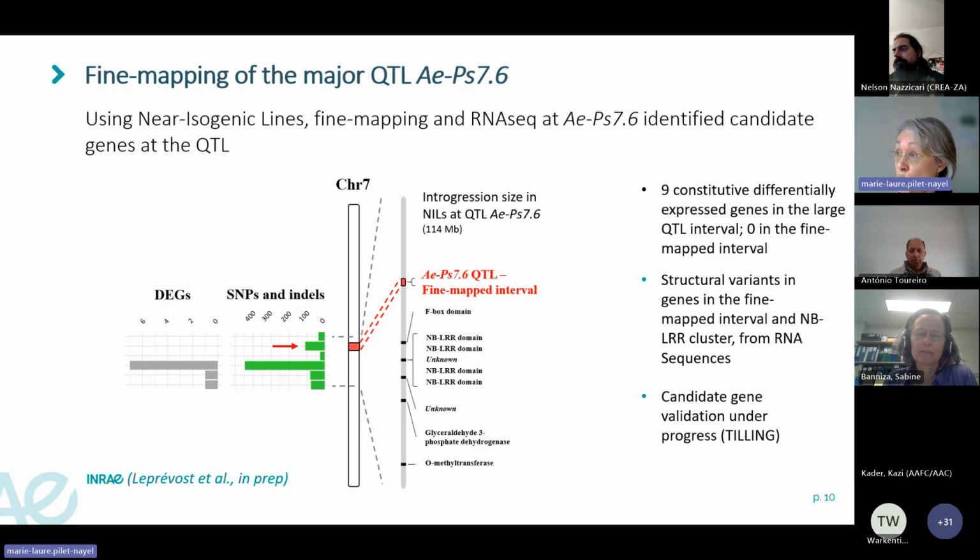And we are in the process of characterizing the isolates after 8 years of growing these NILs to see if the aggressiveness of the population of isolates has increased. So we still do not have results, but it's a strong hypothesis.